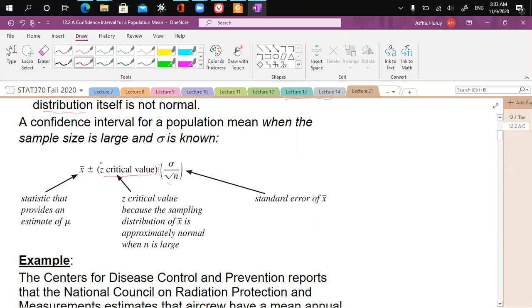Okay, and remember, as a whole, this part we call the margin of error. Usually we would use M or sometimes ME, but if I'm not wrong, our textbook uses this M.